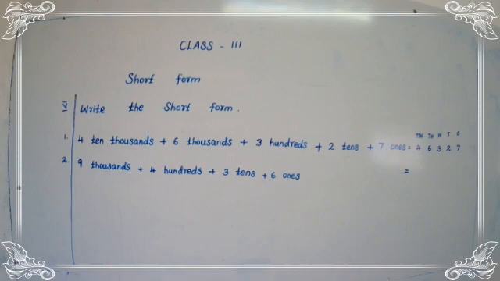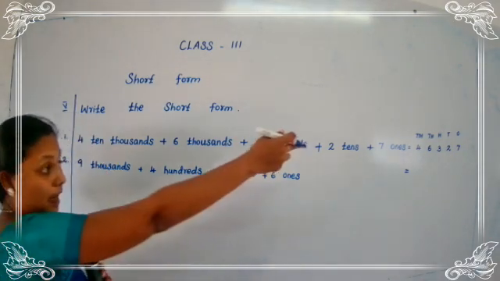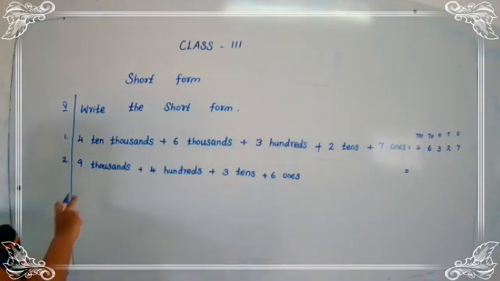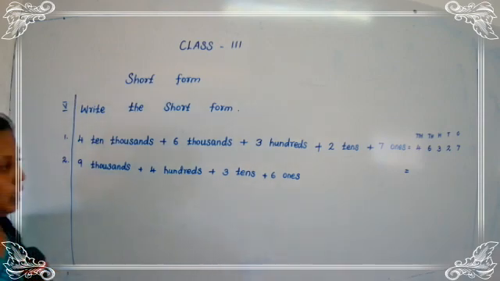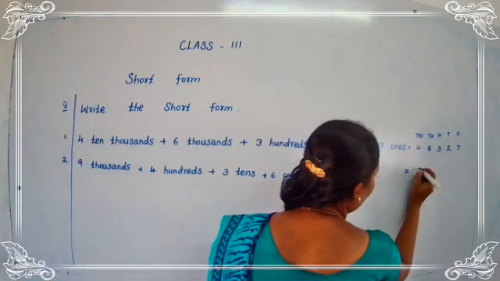Now we have to write in the column, the place value chart. How many thousands here? There is 10,000, that starts from 10,000. Here any 10,000 value? No. We can use 0 for the 10,000 place.